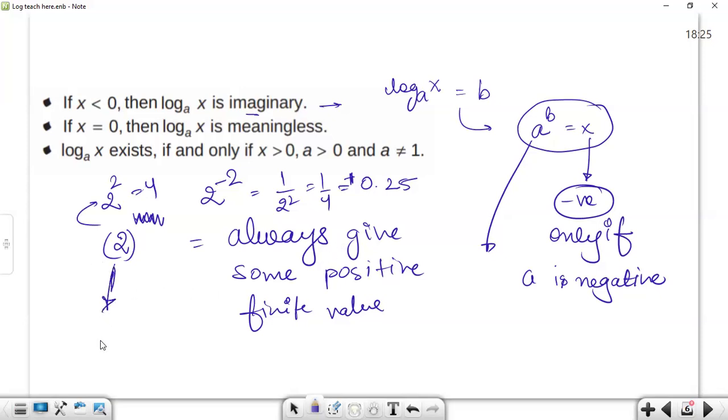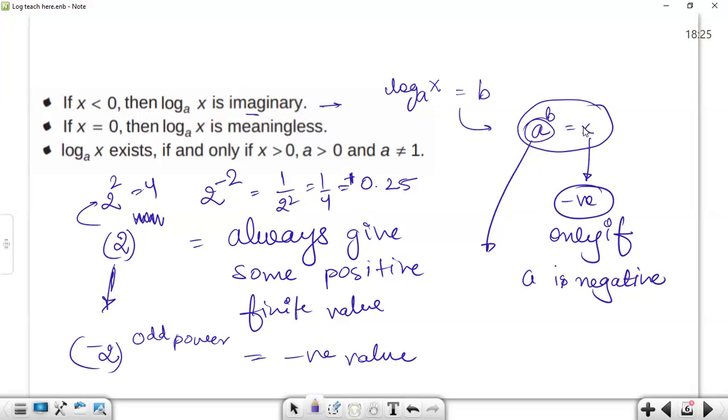If we take the base as negative, minus 2, then all the odd powers will give some negative value. So for any output of the exponential function to be negative, the base has to be negative and the power should be odd.